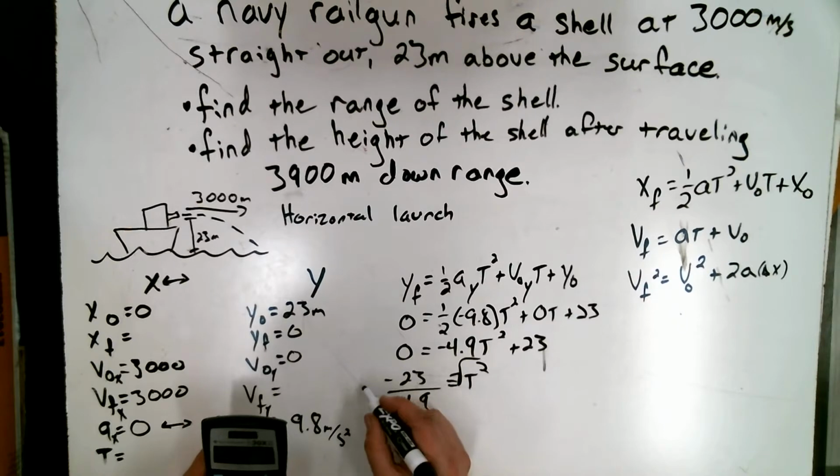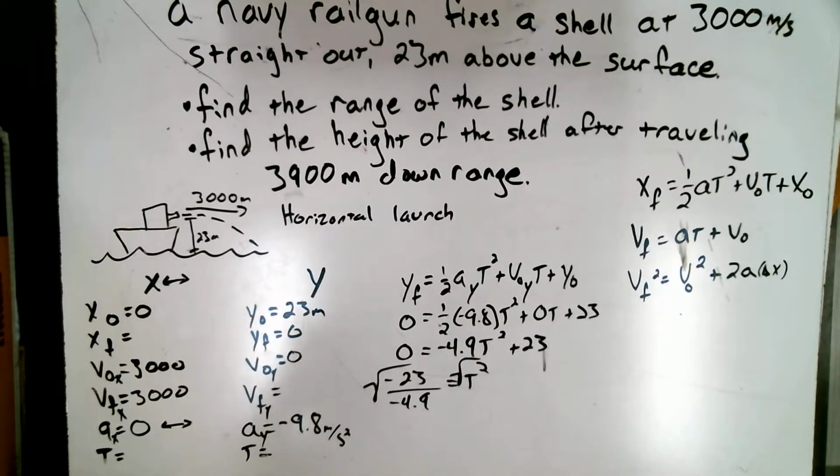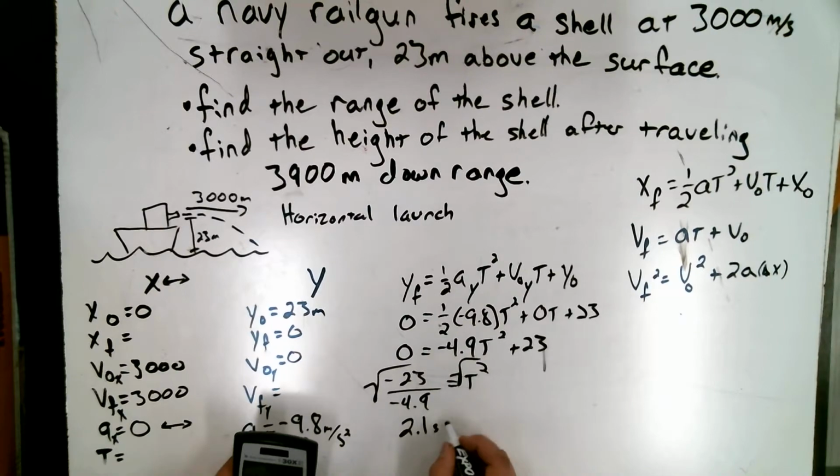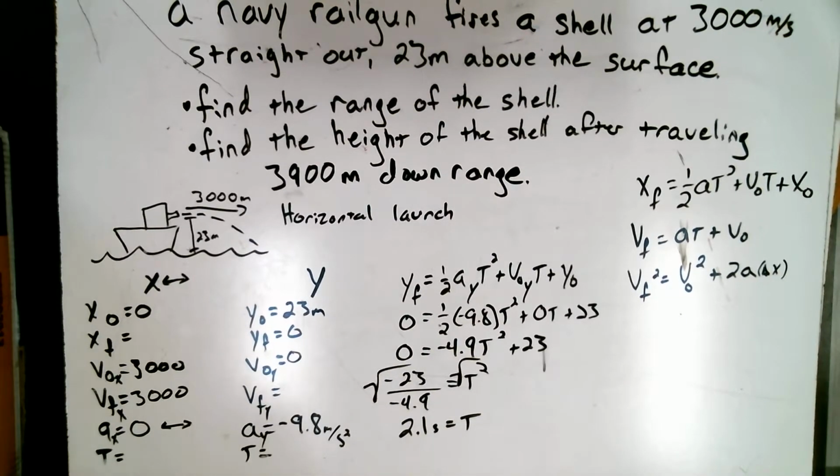Let's go ahead and just take the square root of both of those, and we get 2.1 seconds is my time. This is how long the object is in the air. So to figure out the range, let's go ahead and just update these. It is the same for both of them.